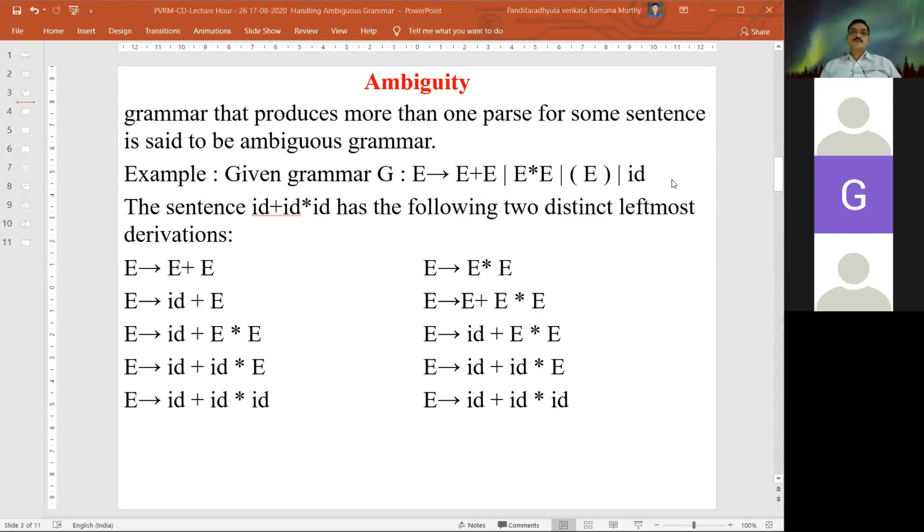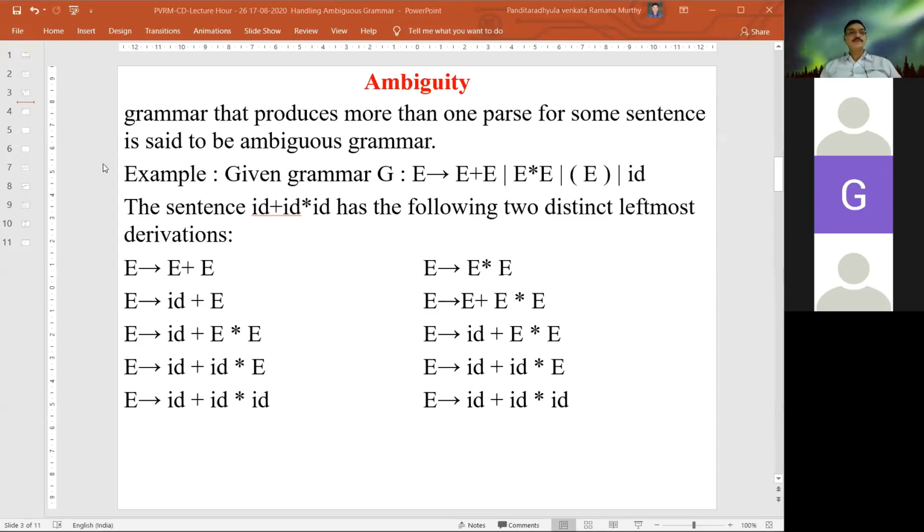For the same ID, we also identify a multiplication operation, or the expression between braces or without braces. Even though this grammar shows ambiguity, we can easily recognize E plus E or E into E, an add sign between two expressions, a multiplication sign between two expressions or two numbers.